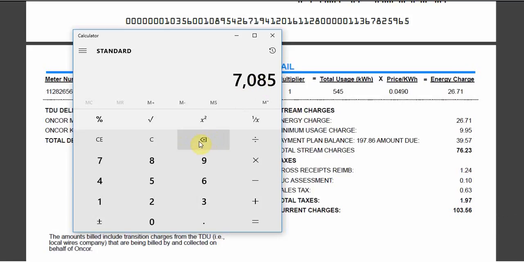Okay, minus 2671 minus 995. Okay, I'm saving $34.19.